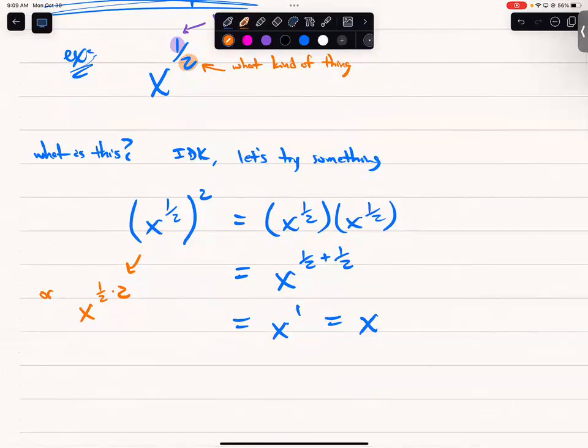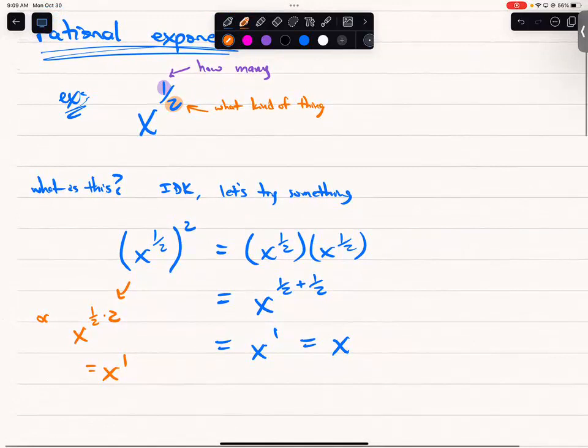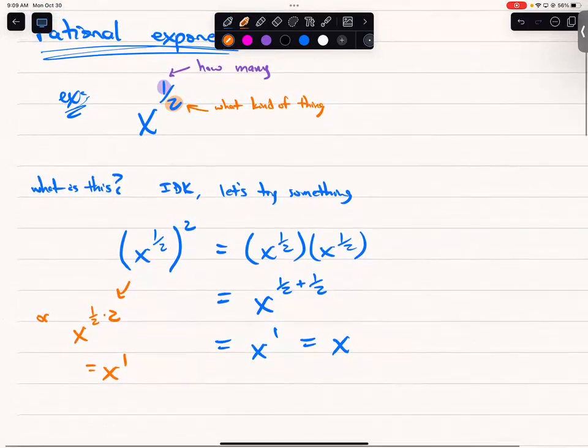And that would also give you x to the 1. So however we think about breaking down the exponent rules for doing the algebra, whatever x to the 1/2 is, it's the thing that when you square it, gives you back x. Do we have a name for that? The thing that when you square it, gives you back the thing underneath or inside?